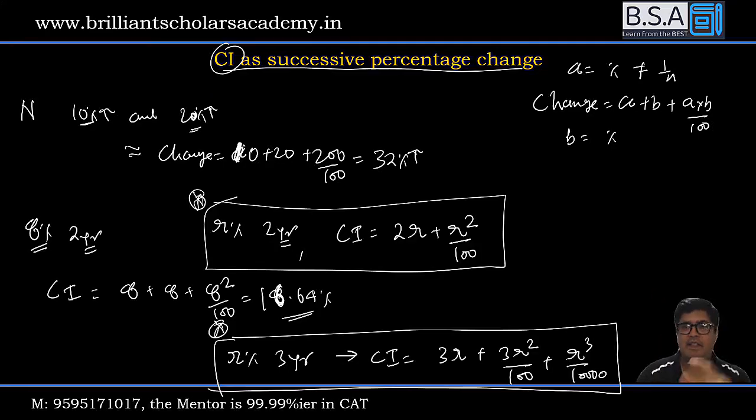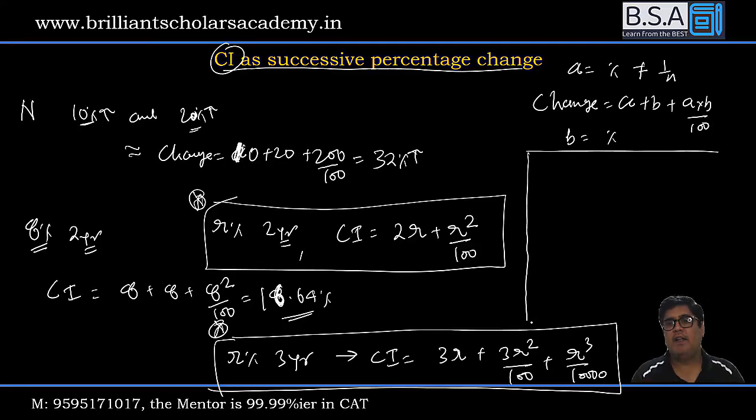Now, this is additional. You may or may not find this in books. I want you to observe some patterns, and this will help you a lot in solving questions faster. Whenever there is a 10% increase, what we multiply is 11 upon 10.